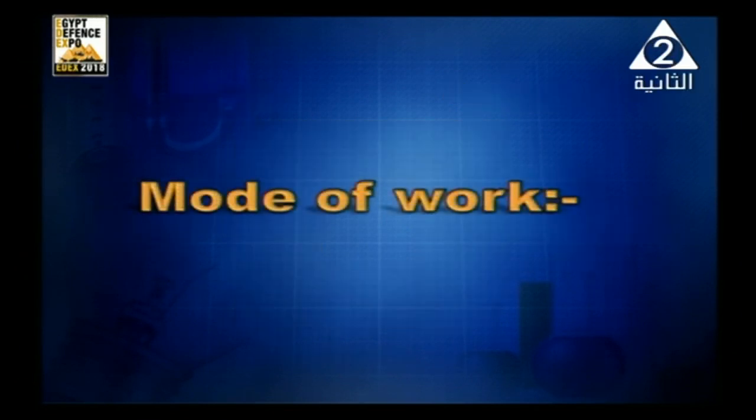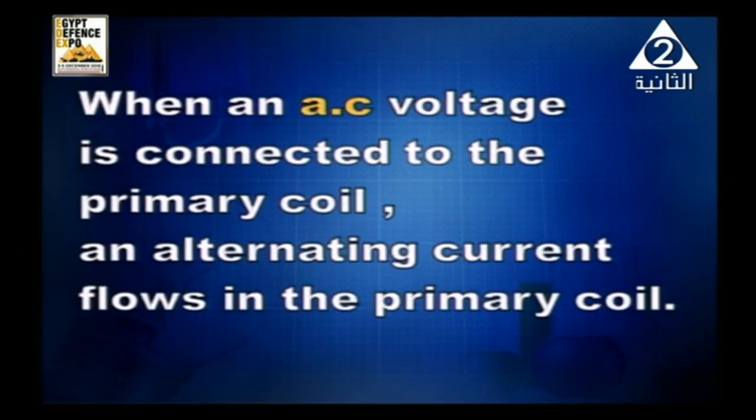What about the mode of work of the transformer? When an AC voltage is connected to the primary coil, so the primary coil is connected to the mains, an AC current flows in the primary coil.